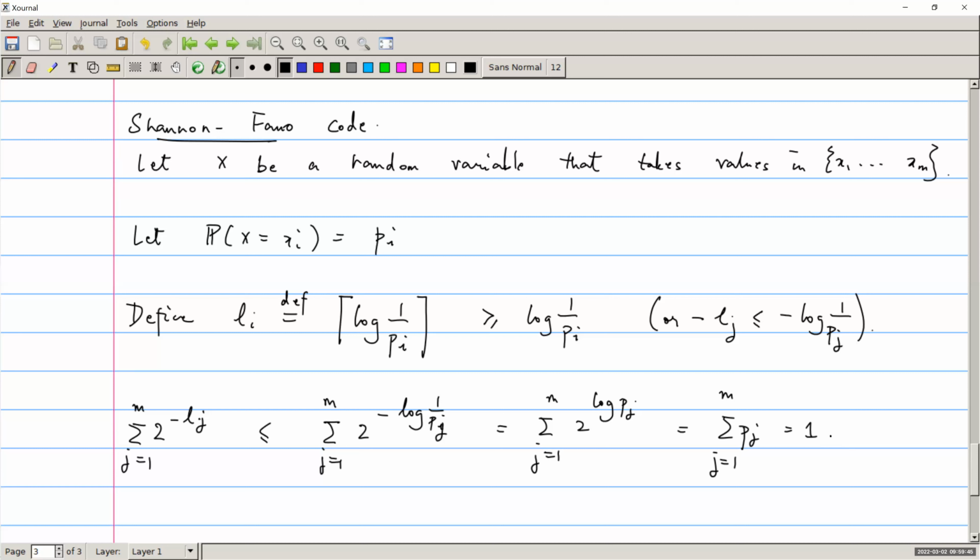So these code word lengths satisfy Kraft's inequality. So that means there's some way to build a prefix-free code that is consistent with these lengths. We won't worry about how exactly we will build this code. We'll just say we will take the Shannon-Fano code to be one of the prefix-free codes consistent with these code lengths.